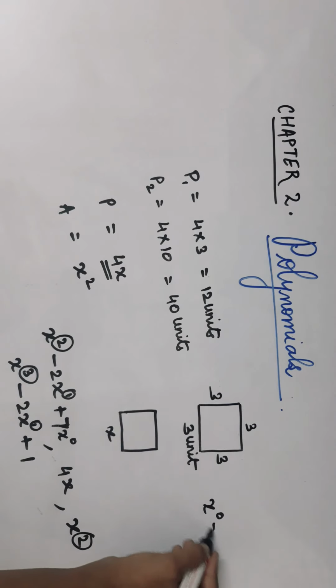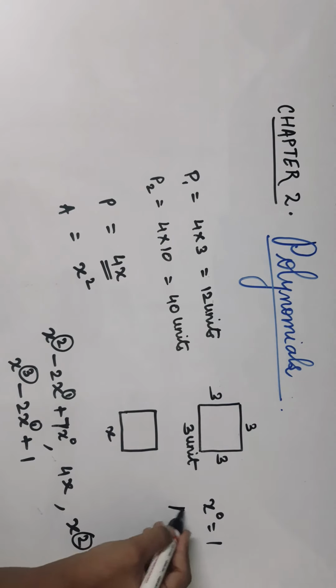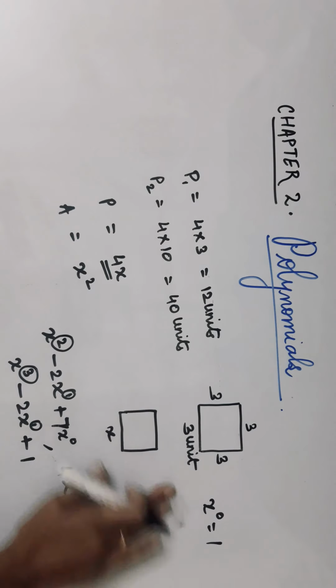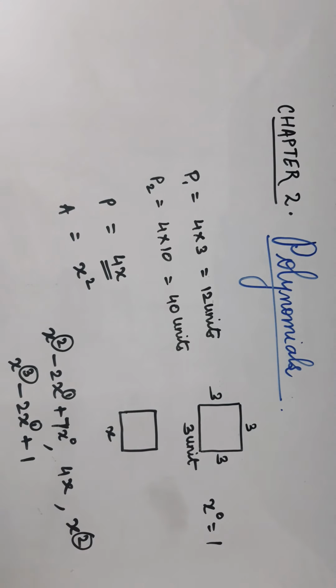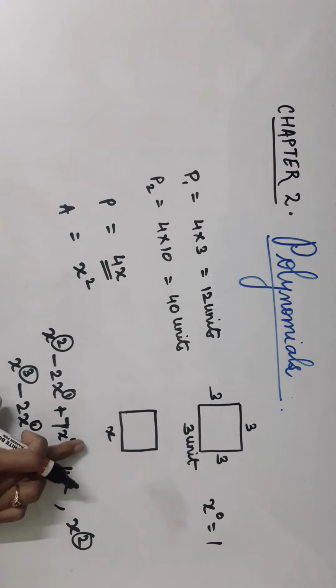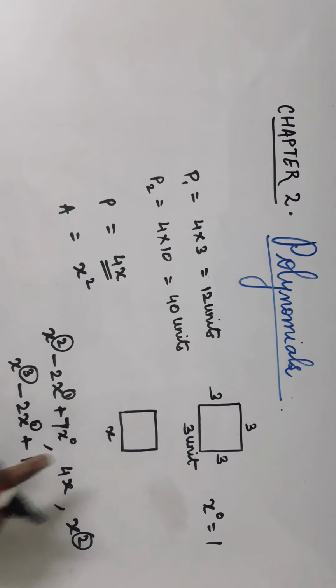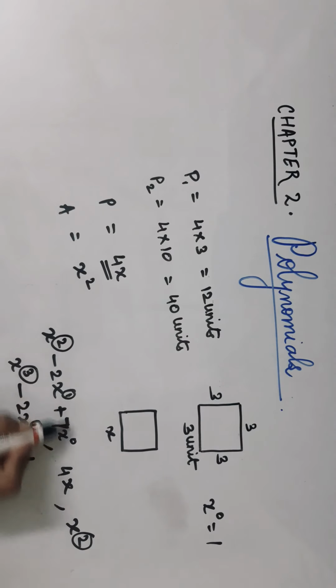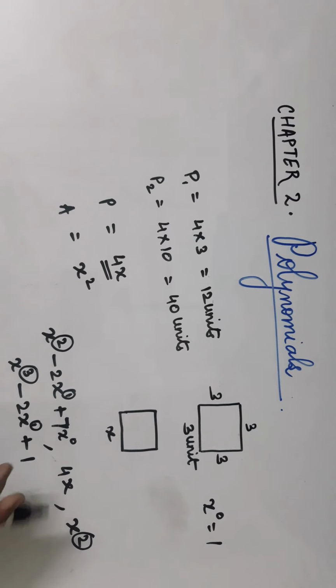X raised to 0 is equal to 1. We have seen this. Anything raised to 0 is equal to 1. So this constant 7 is multiplied. We can say that 7 into x raised to 0, that is equal to 1 into 7, 7 only. Okay. So the exponents, the powers are whole number.